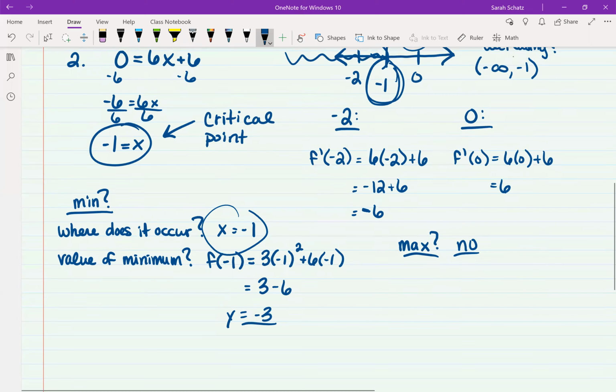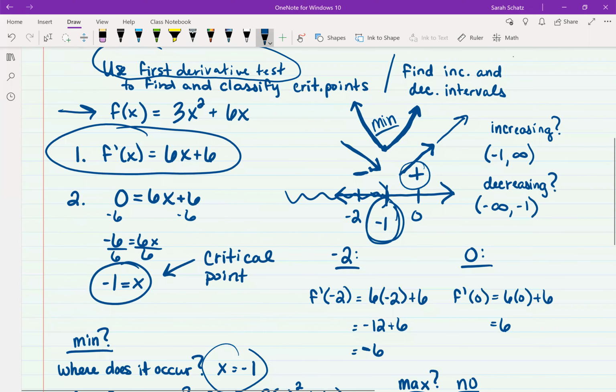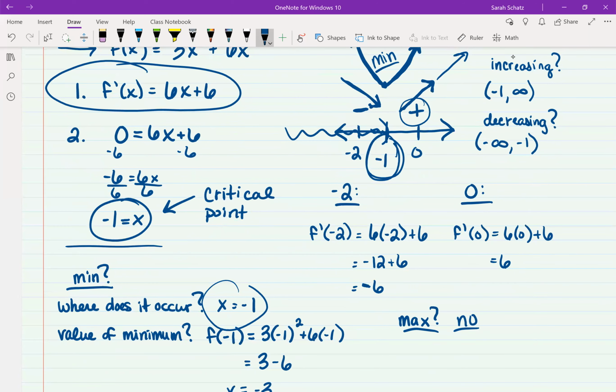Okay, so on this problem, we found the derivative. We set it equal to 0. We found our critical point. We put it on a number line and we tested values around it for the sign of the derivative at those values. And it made us create this. And this is what answered all our questions.